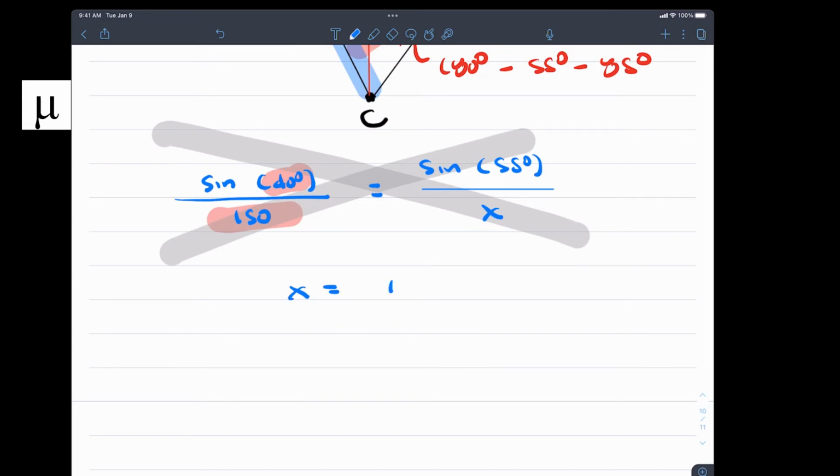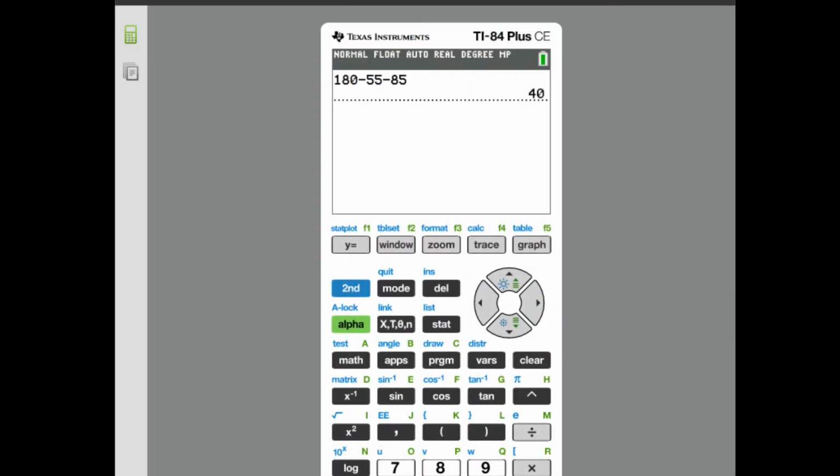X equals 150 sine 55 over sine of 40. 150 sine 55 divided by sine of 40.